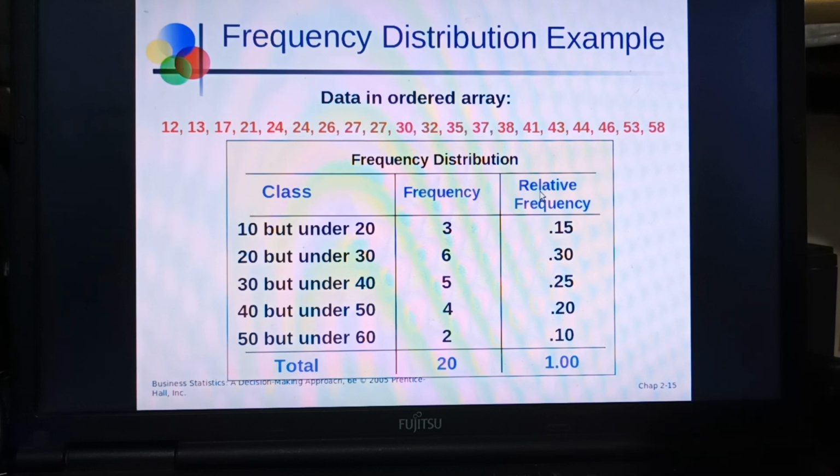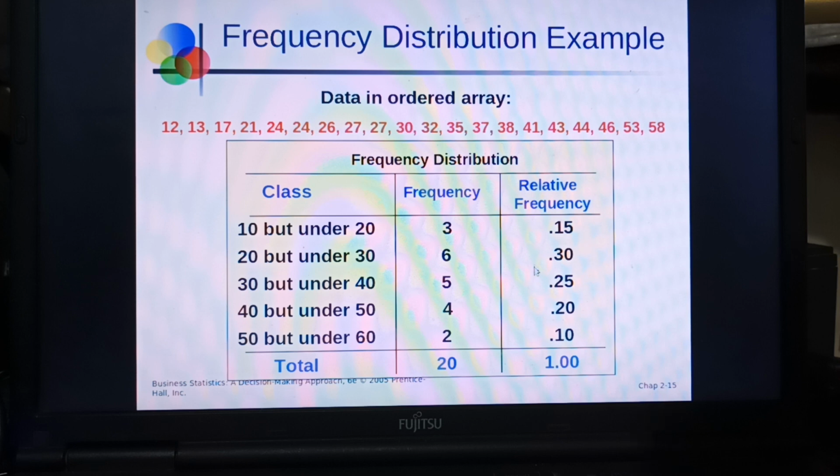And we take the relative frequency or the proportion of these frequencies in each class based on the total number of population. 3 divided by 20, that will be 0.15, and 6 divided by 20 is 0.3, 5 divided by 20 is 0.25, 4 divided by 20 is 0.2, 2 divided by 20 is 0.10.